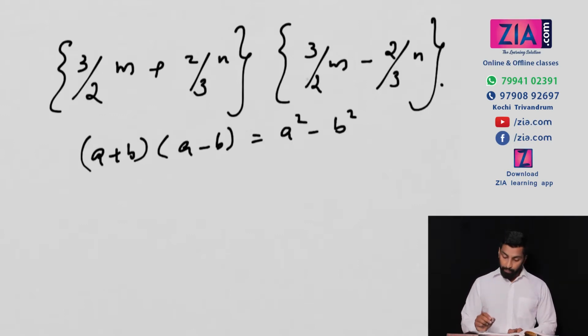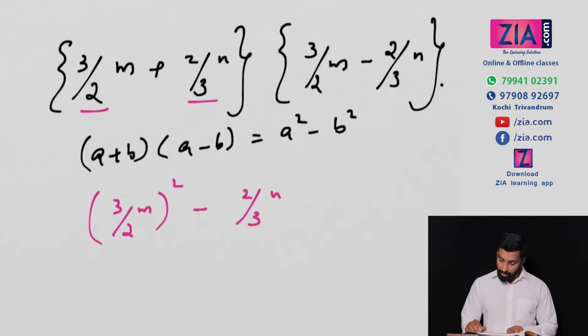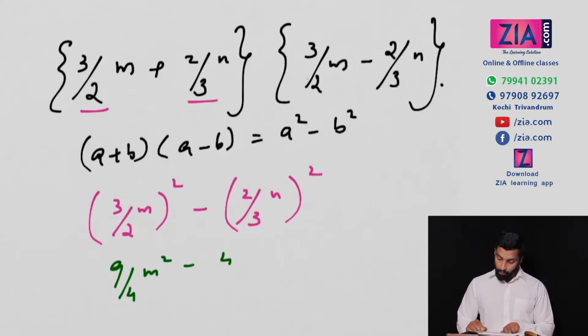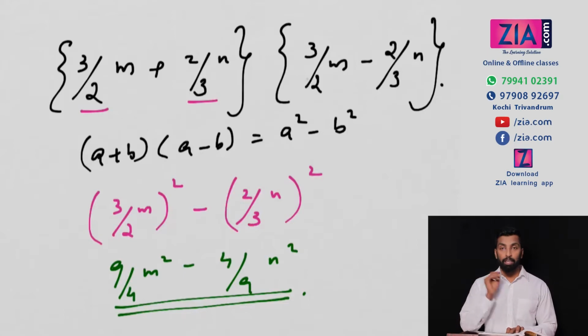So how will you write now? This is a, this is b. So you will write it as 3 by 2m square minus 2 by 3n square. So what is your answer? 9 by 4m square minus 4 by 9n square. So I hope you understood it.